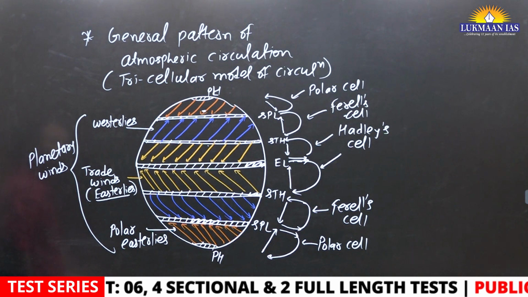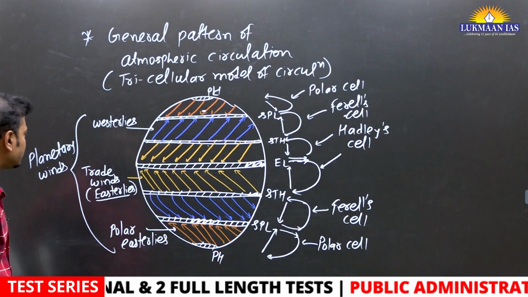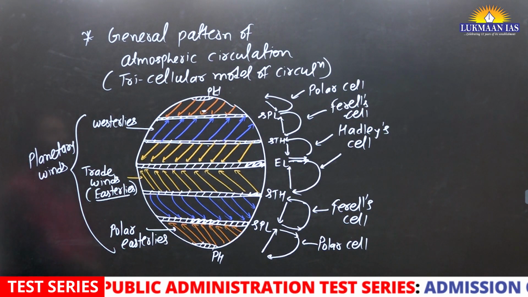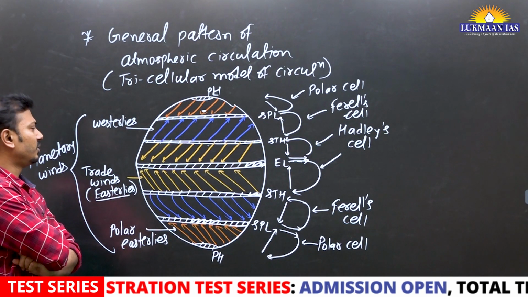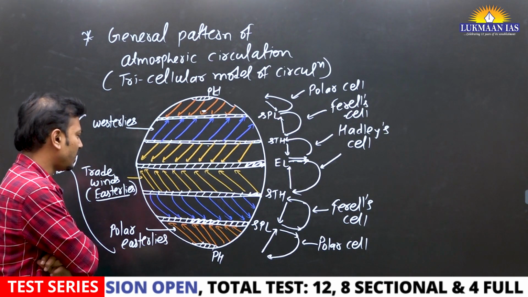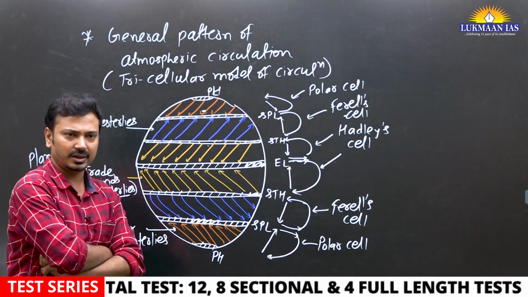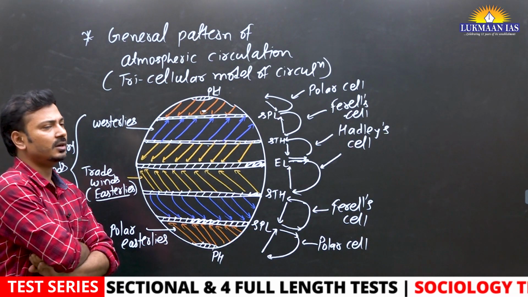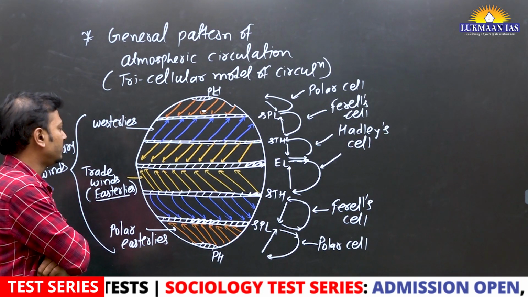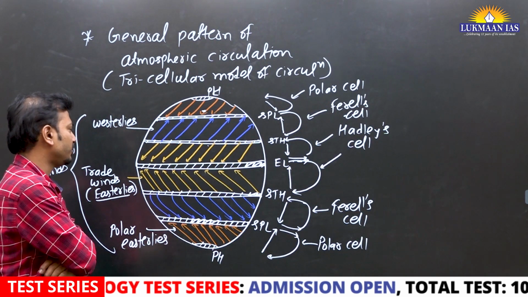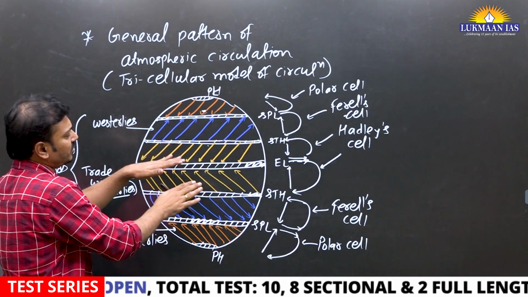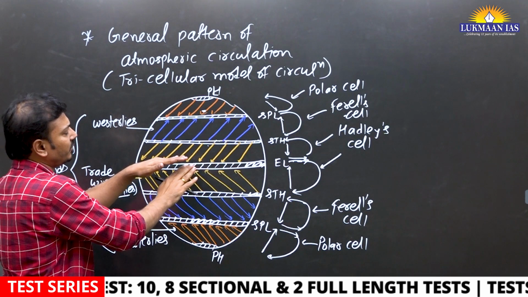So when the question is like: explain the general pattern of atmospheric circulation, or explain this tricellular model. First of all, in the introduction you mention how the pressure belts are formed, the different kinds of pressure belts on the earth's surface, thermally and dynamically. Thereafter you start by drawing this diagram, explaining that the wind from the subtropical high pressure belts from both hemispheres converge near the equatorial low.